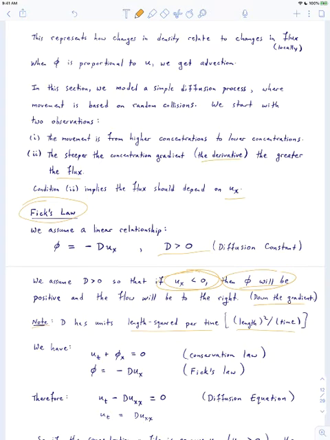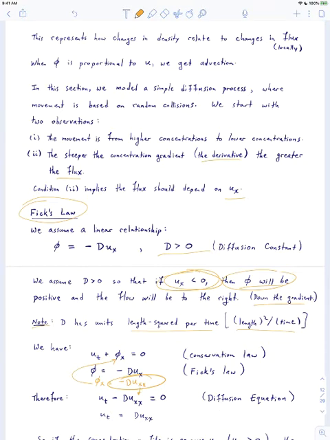If phi is equal to minus d u sub x, then phi sub x is the derivative of that, so it's minus d u sub xx. If we plug that into our conservation law, then we have that u sub t is equal to minus d u sub xx.